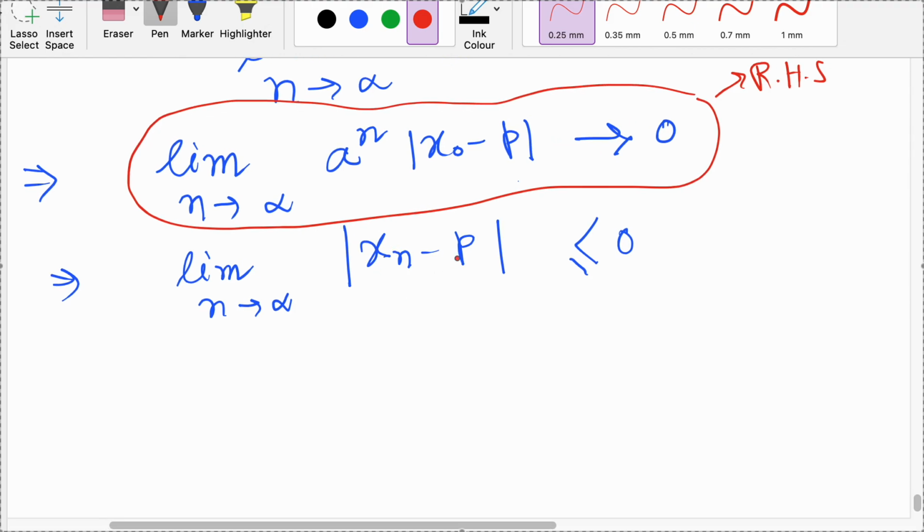Now this is a magnitude, so it is only positive and cannot be less than 0. It is actually equal to 0.